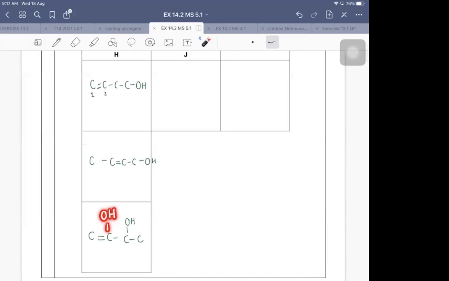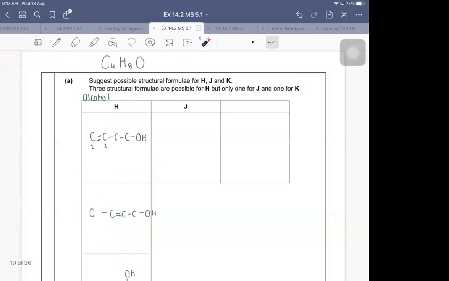Because it goes back to the requirement that was mentioned earlier on, that the oxygen cannot be attached to a carbon that is involved in a pi bonding. So I cannot put my OH here, nor can I put my OH there. So those are the three structures.